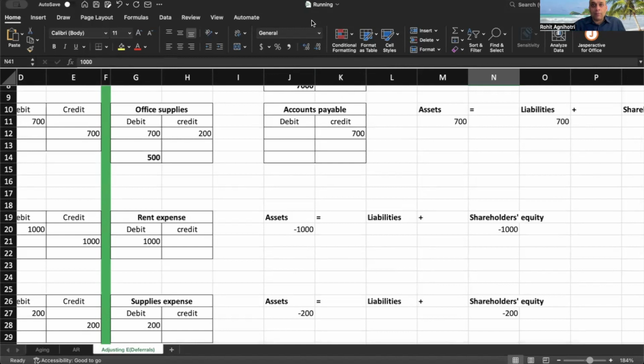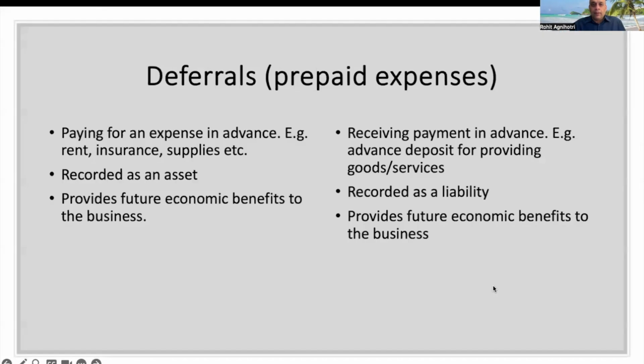Okay, let's go back to our PowerPoint. Okay, so just going back again. Your deferrals. Something that you have made prepaid. Okay, when you either prepay in advance or you receive payment in advance. So either you are paying for something in advance.